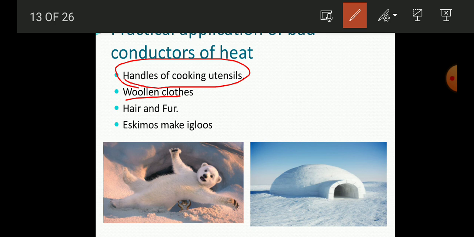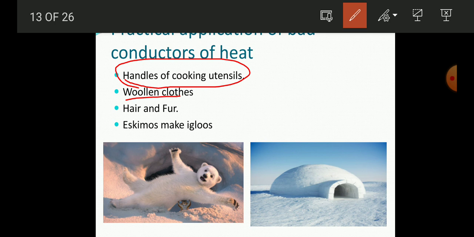That is why it is much better to wear 2 or 3 sweaters rather than one jacket, because the air between them traps your heat energy and does not allow it to move out from your body.